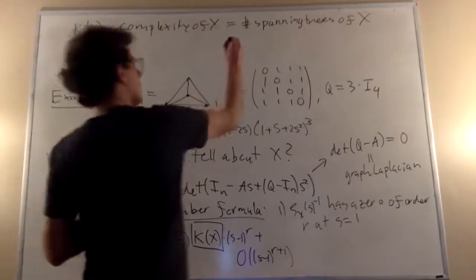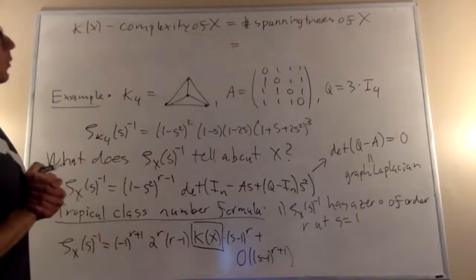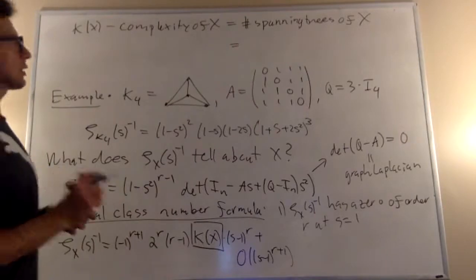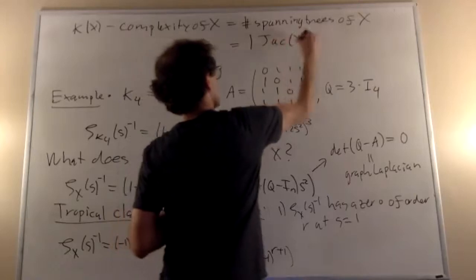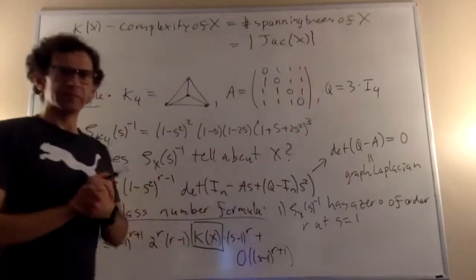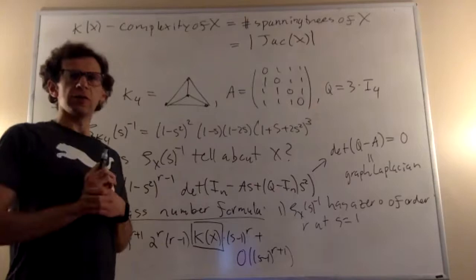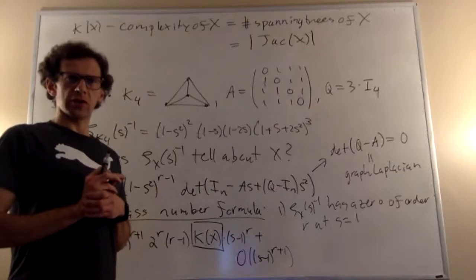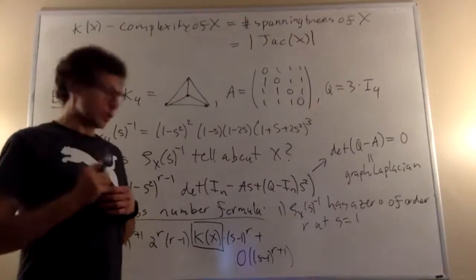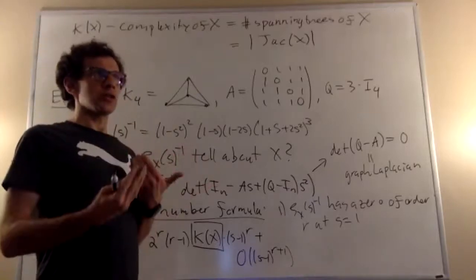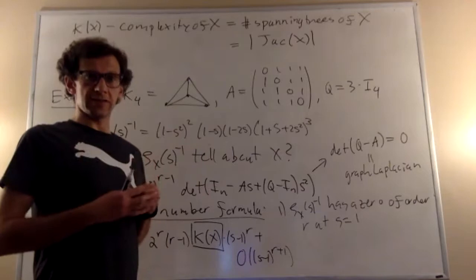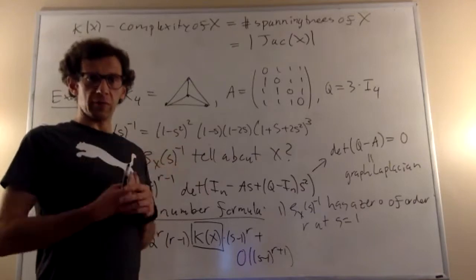But why is this called the tropical class number formula? The number of spanning trees of a graph is the number of elements in what's called the discrete Jacobian of the graph x. So the zeta function records the order of the discrete Jacobian. The similarity here is with number theory. The Riemann zeta function generalizes to the Dedekind zeta function, which is defined for a number field.